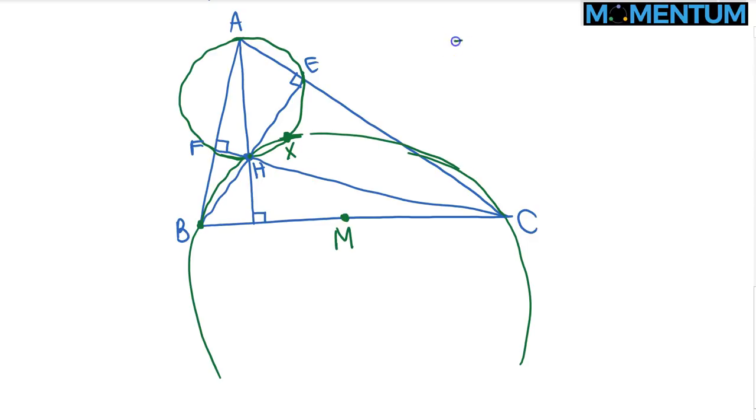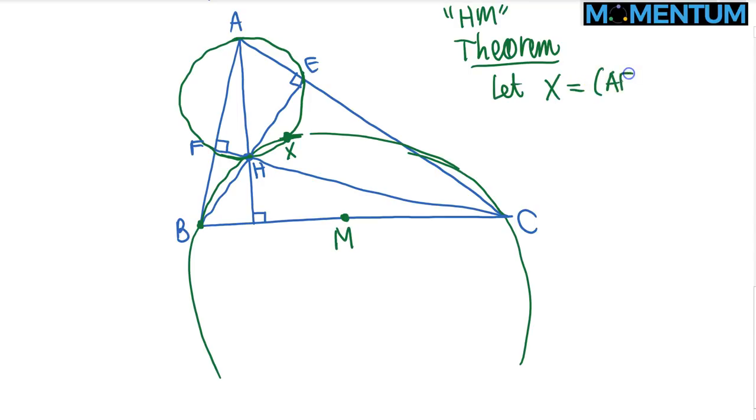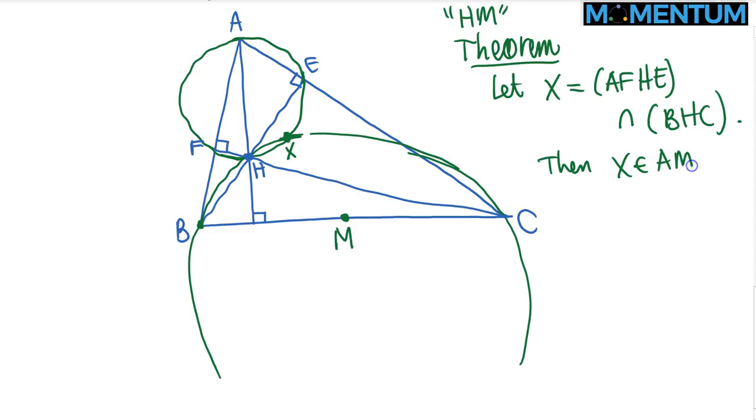So this is another theorem, sometimes referred to as the HM theorem, somehow relating the orthocenter with the midpoint of segment BC. And the claim is that, like we said, if X is the intersection point of circles AFHE and BHC, then X is on AM, which is the median.